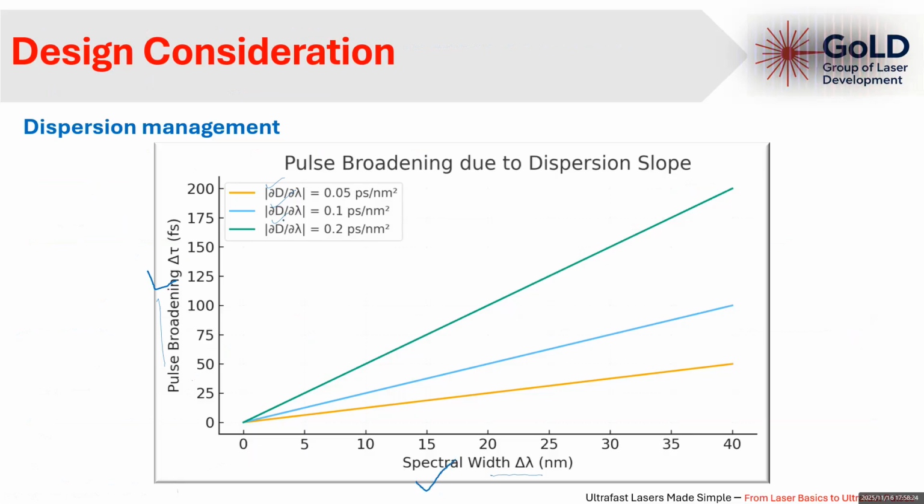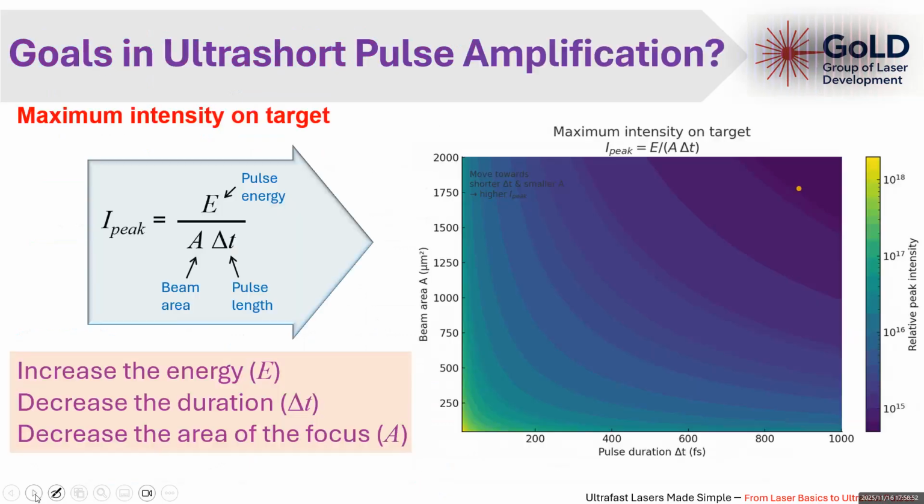These are different dispersion values, like green is higher, definitely, then comes blue, and then orange. So it's obvious that as the spectral bandwidth or spectral width increases, pulse broadening also increases. It's not the pulse duration, it's pulse broadening.